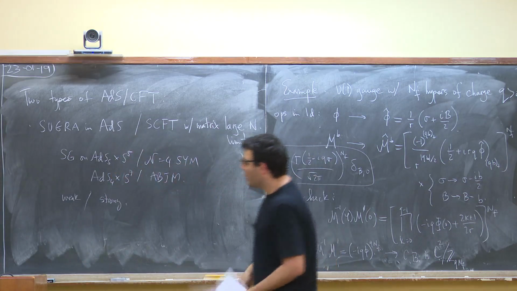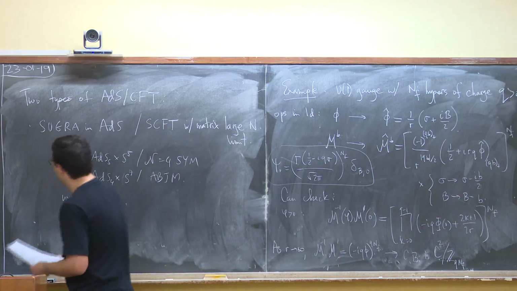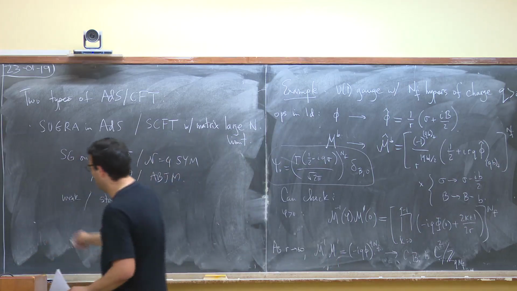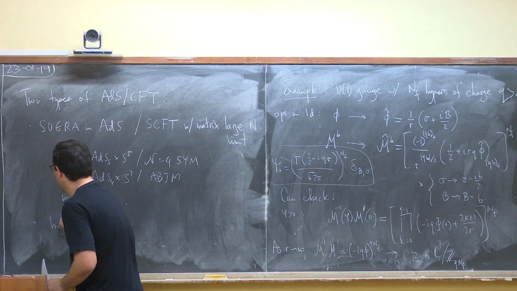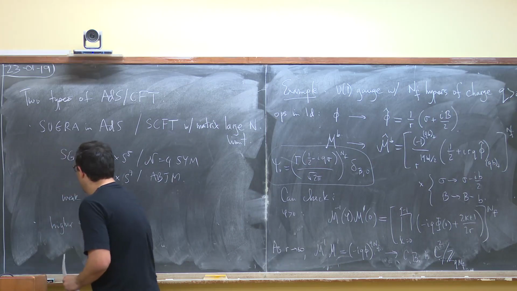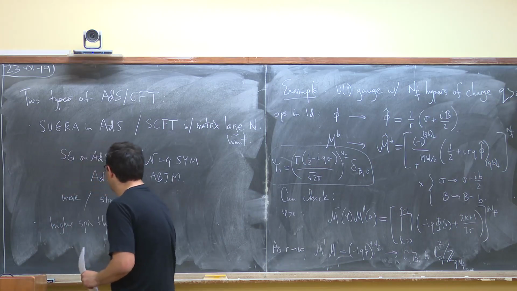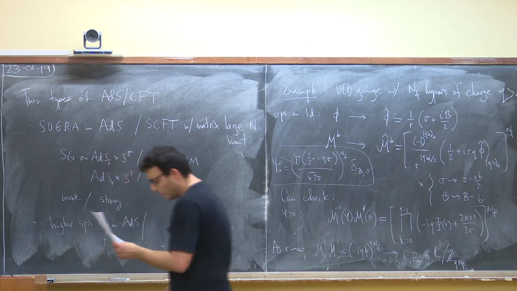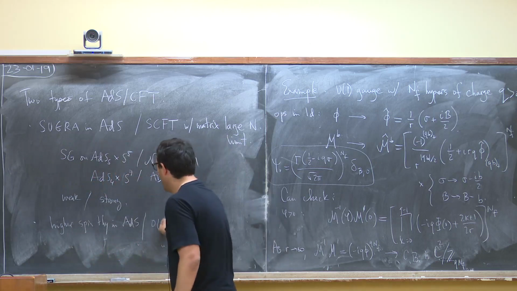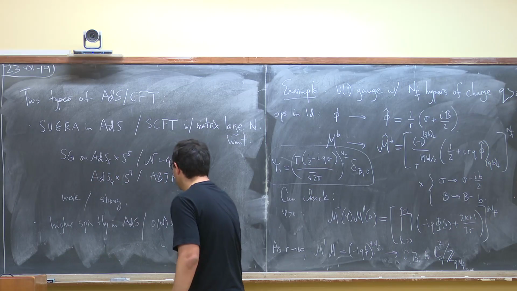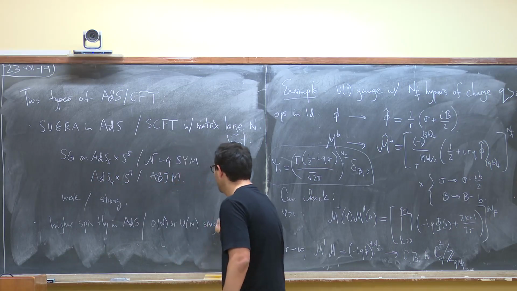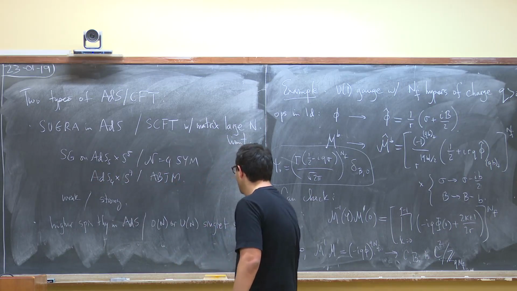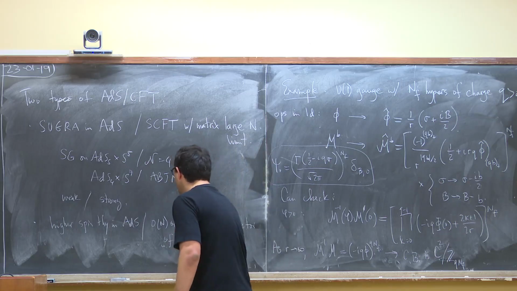There's another class of AdS/CFT dualities which are between a higher spin theory in AdS and the O(N) or U(N) singlet sector of a large N vector model.